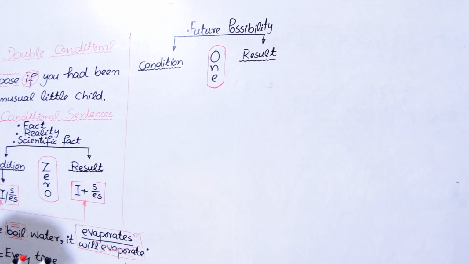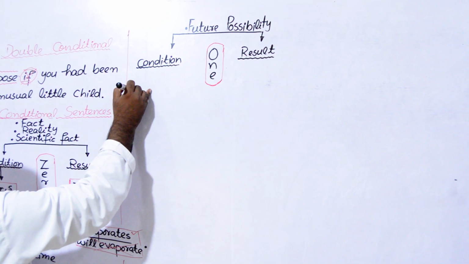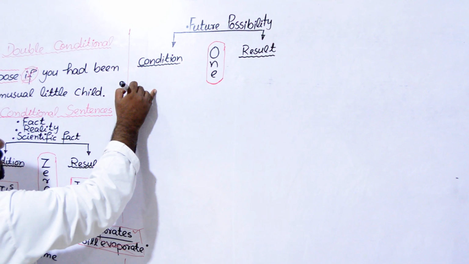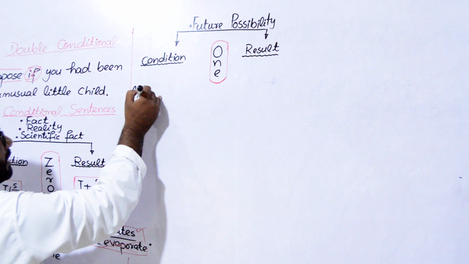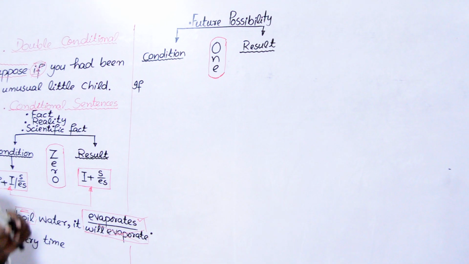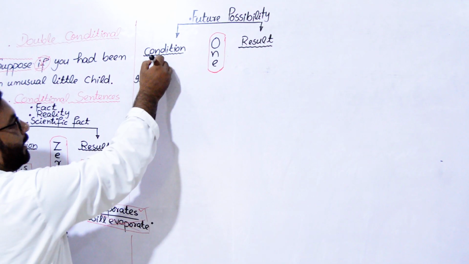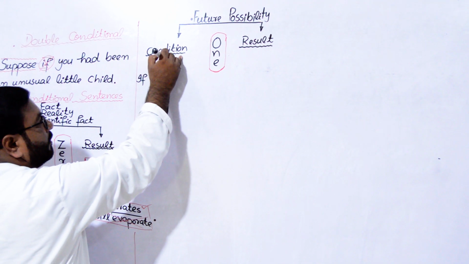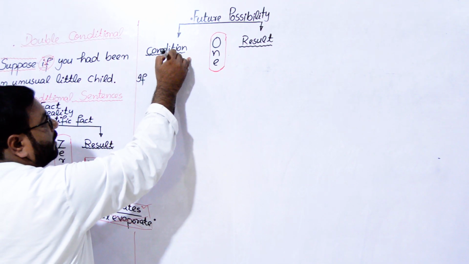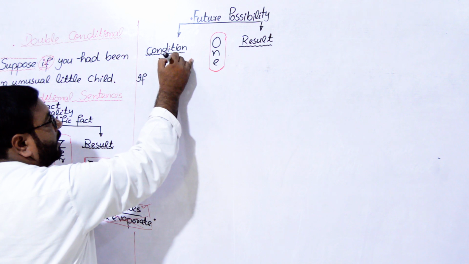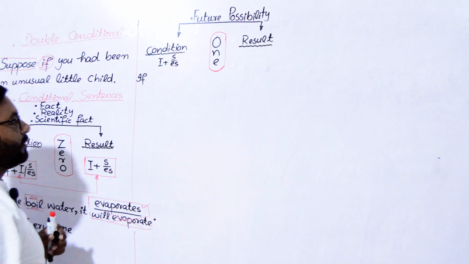In the condition, we can have this if conjunction, and this if conjunction can follow any present tense, like it can follow first form with the required s or es addition.